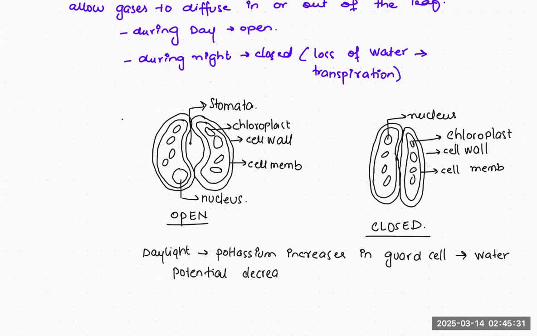The water will move from high concentration. The surrounding cells, the epidermal cells, have a higher amount of water. The water inside the guard cells is lesser because the amount of potassium is increased. So the water moves in from an area of high potential to low potential through the process of osmosis.